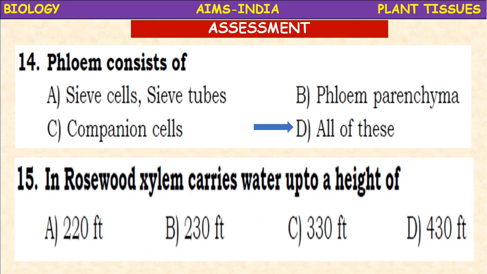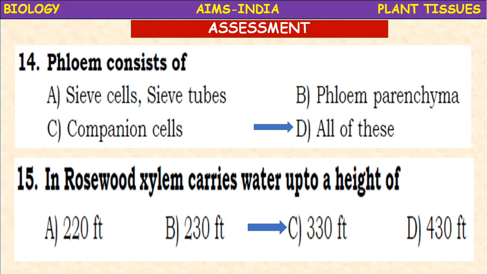In rosewood, xylem carries water up to a height of, in eucalyptus up to 230 feet, in rosewood up to 330 feet height. How is it possible? Xylem is present in the roots, and the height, the tip of the stem, is 330 feet.